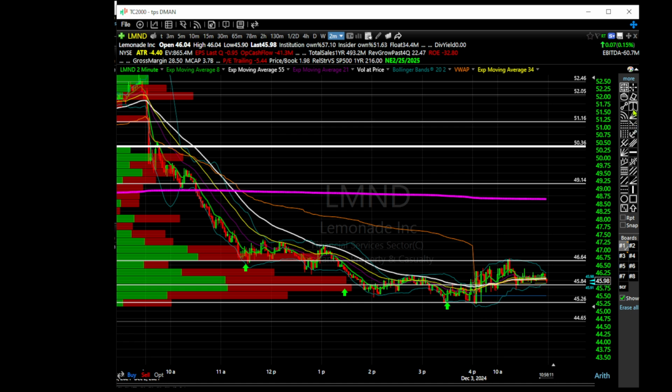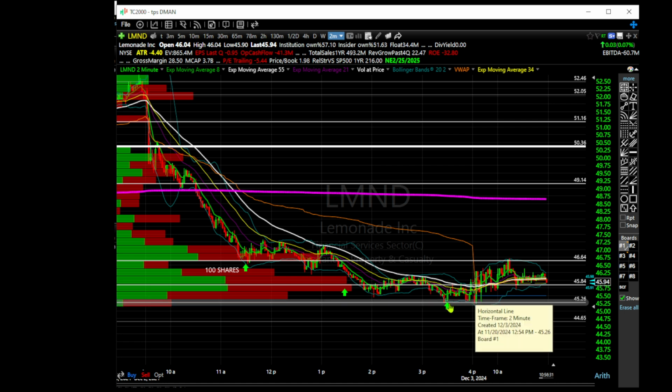And again, for simplicity, let's say we're buying 100 shares at each one of these. So 100 shares at each one of these green symbols, right? So my first sell would be the point of control. That's right. Because I bought it at value area low, and now you're hitting point of control.